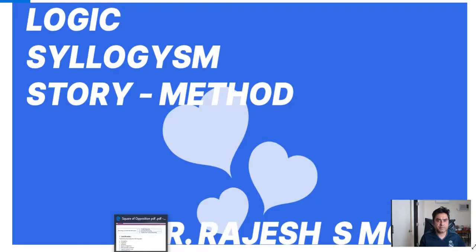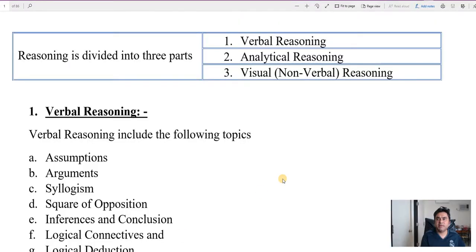So there are basically three types of logic. One is verbal logic, another one is analytical logic, and the third one is visual or non-verbal logic.